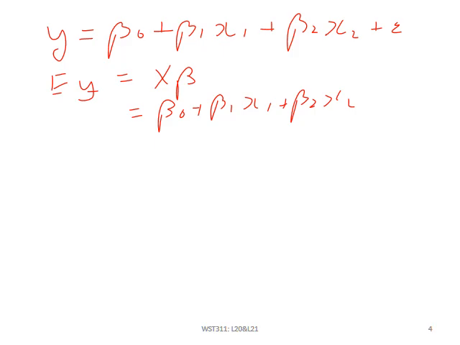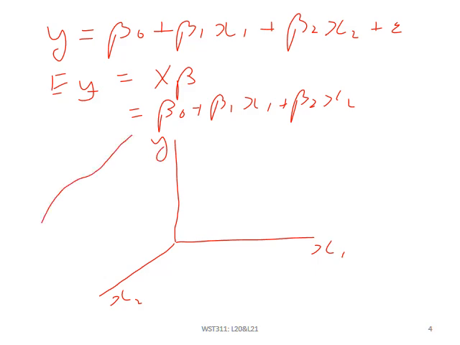Graphically, we can visualize this as follows. There's the x1 axis, the x2 axis, and there we have the y-axis. Then we see that y is the hyperplane which lives on top of the x1, x2 surface.